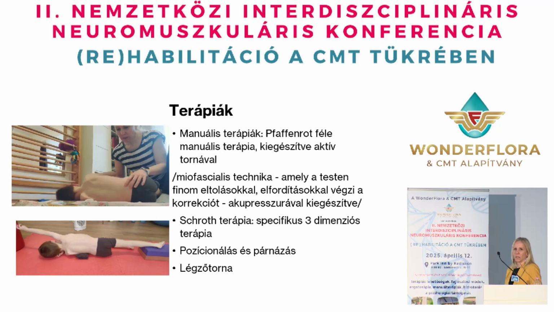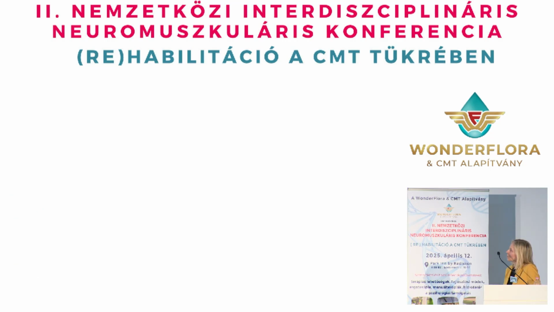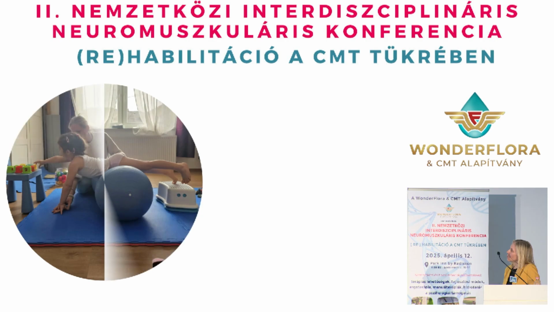There is a mirror typically applied for the child to be able to see their own body position and become aware of their posture and movement. And very often we also add breathing exercises. That means bodily exercises combined with breathing techniques.